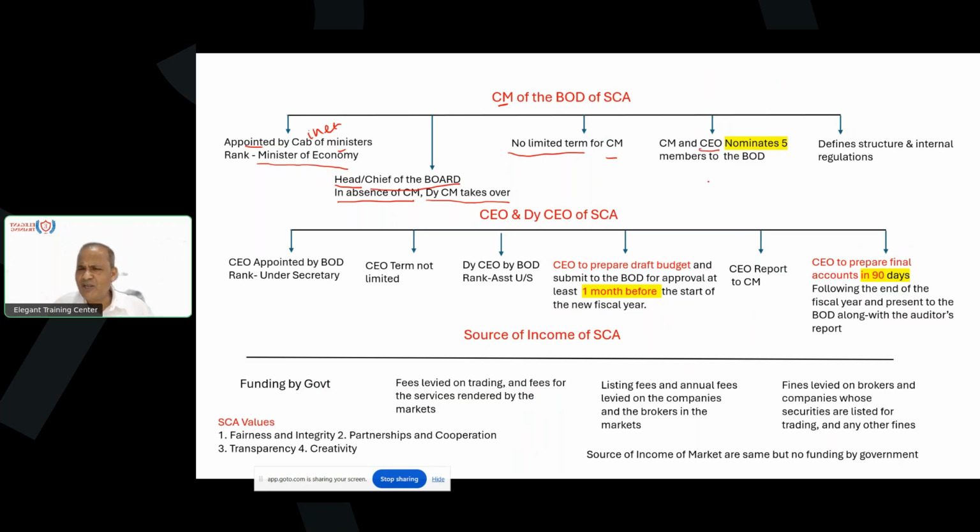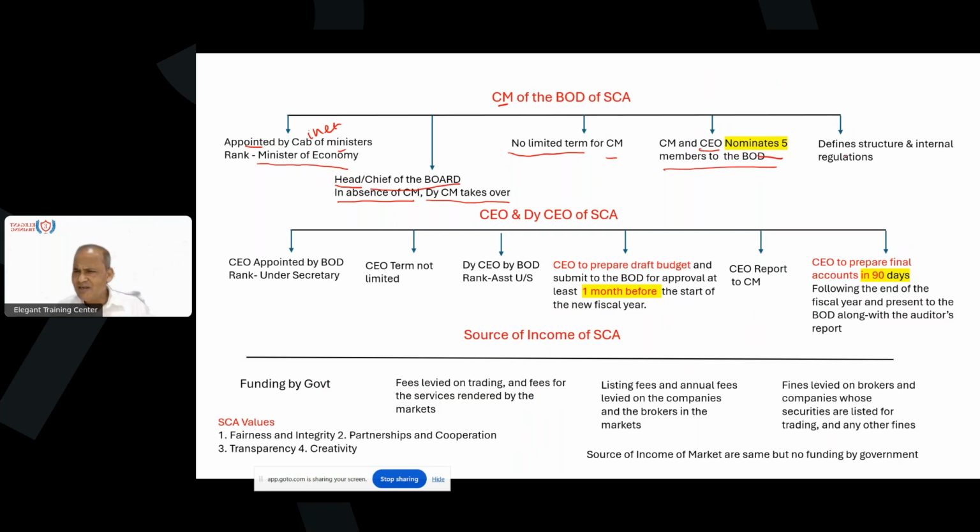Chairman and CEO. CEO also is present. Chairman and CEO, they nominate 5 members to the board. So chairman and CEO, they have that power. They can nominate. Okay, this person is very learned person, this person very experienced. So they can recommend his name. That's called nominations. Clear?